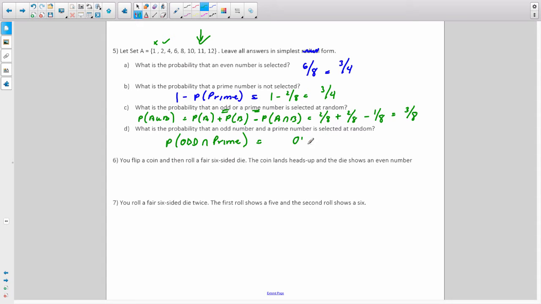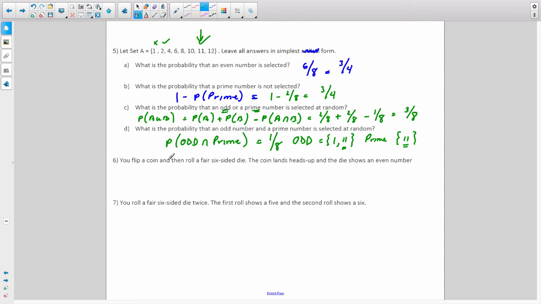Well, you got your odds are 1 and 11. Prime is 11. So there's the intersection. There's actually just 1. So there's only 1 out of 8. That's your probability. Okay, so 6 and 7, they meant to say, calculate the probabilities.